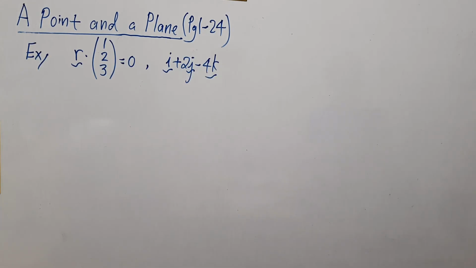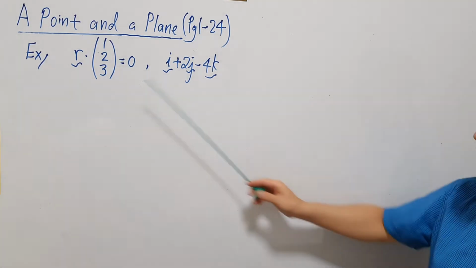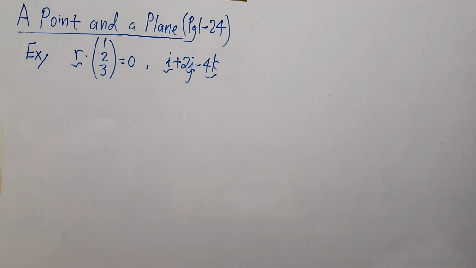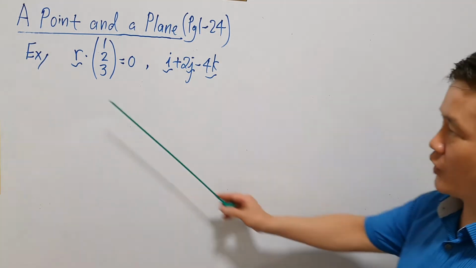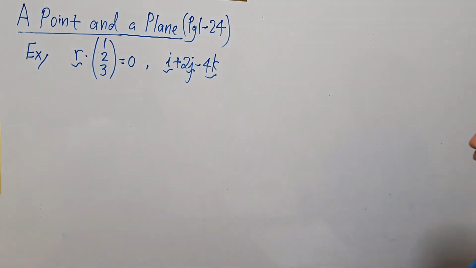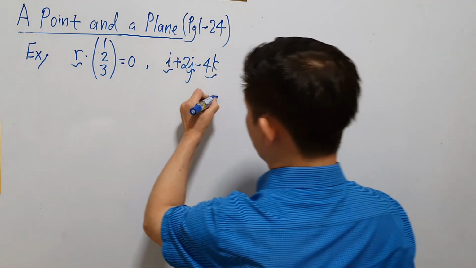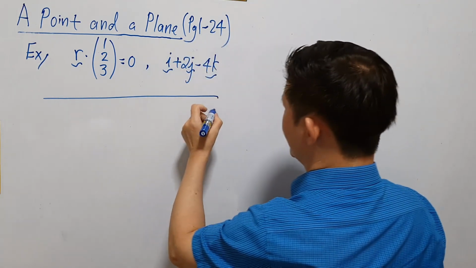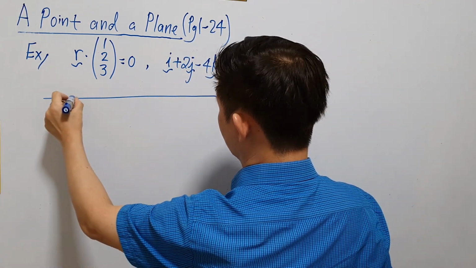Now, in this example that's found on page 124, again, they're given a plane and then a point. I just want to point out to you that if you have a plane whose equation is like this, wherein the right hand side is 0, such a plane actually has the origin on it.